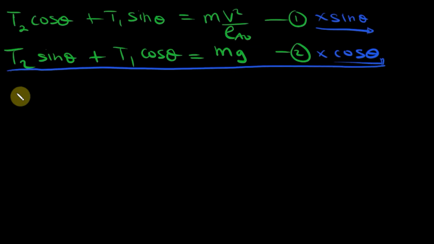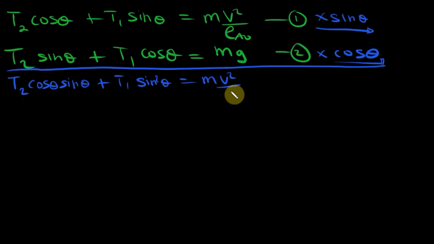So let's go ahead and do that. T2 cos theta sine theta plus T1 sine squared theta is equal to mv squared over LAO sine theta.